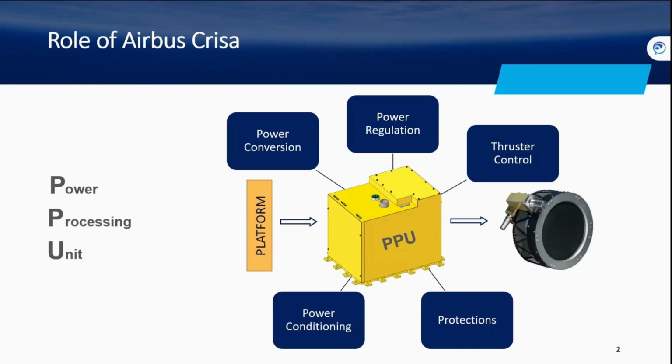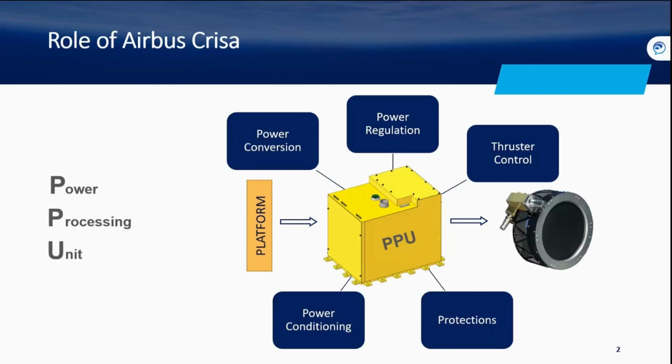Although power conversion is the main PPU function, we also perform power regulation. For example, we have to deal with different voltages depending on the operation point of the thruster. We also perform power conditioning by, for example, removing noise from certain bandwidths or ripple of some signals in order to provide a stable behavior.